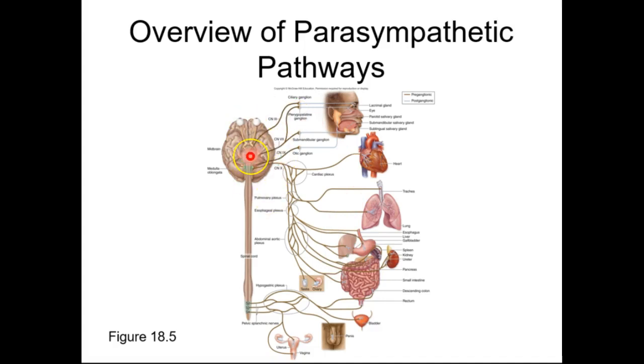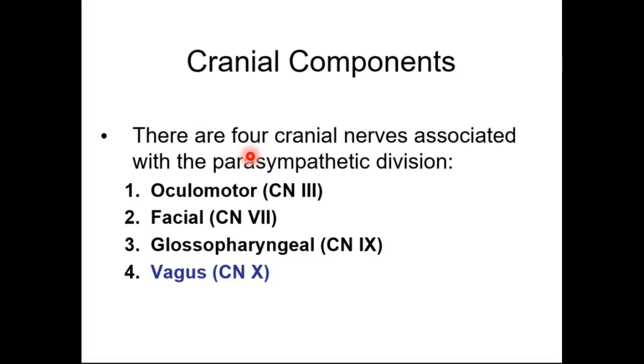You do have other cranial nerves with parasympathetic functions. Oculomotor, facial, and glossopharyngeal. All right, if you are in fight or flight, what happens to your pupils? Do you need to see more light or do you need to see less light if you're running away from a bear?